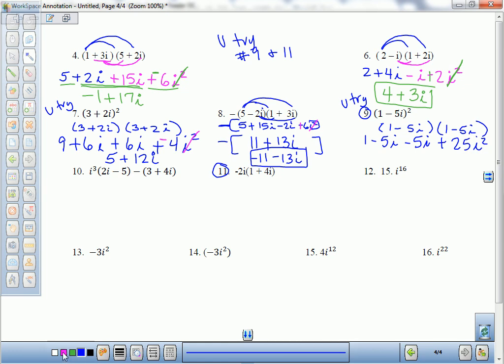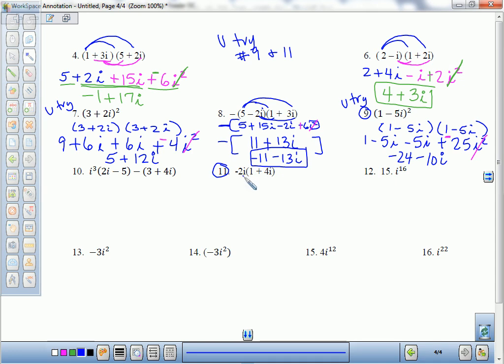Okay, this is going to change this sign. So a negative times a negative made it positive, but the i squared changes it back to negative. And then 1 and a negative 25 is a negative 24, and negative 5 and negative 5 is negative 10i.